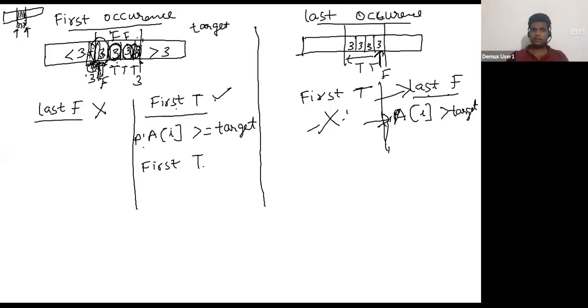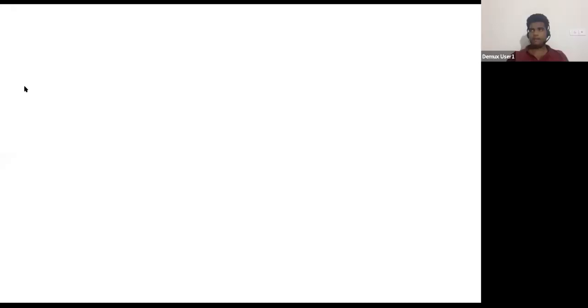So what is this question telling you? The predicate can be A_i greater than A_0. Greater or less? Greater than. So this will be the same as the mountain array problem.